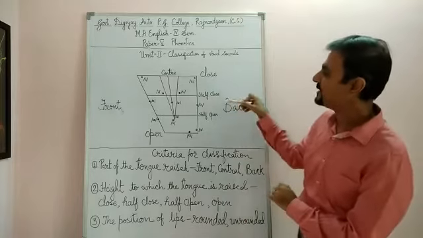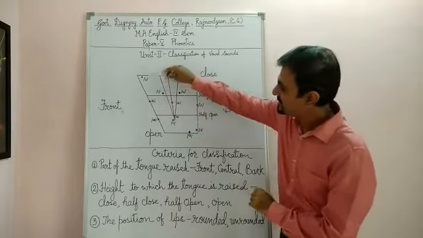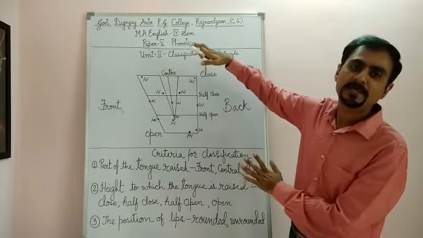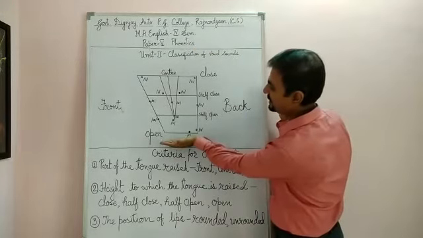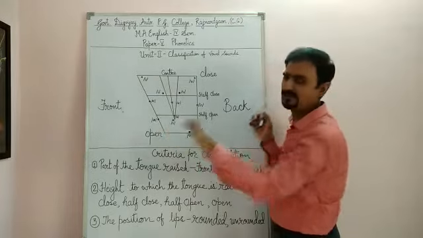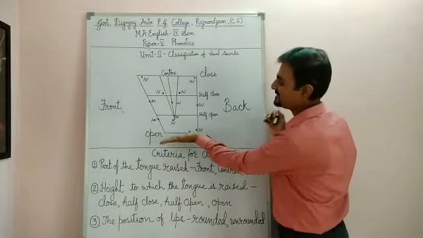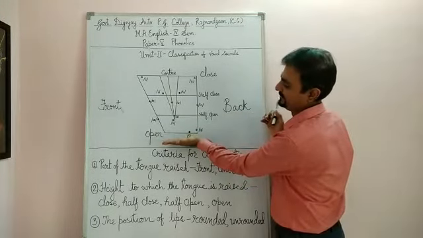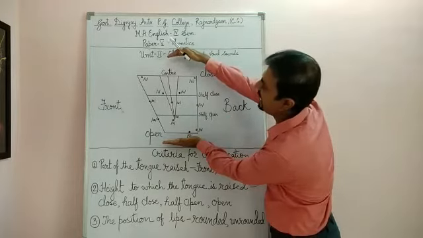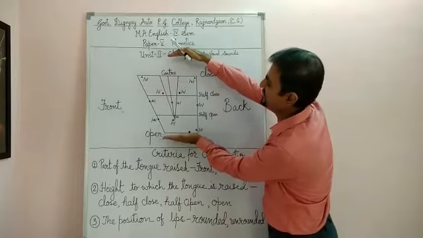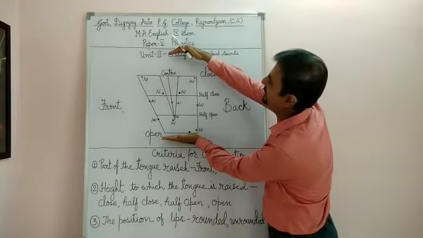It is a quadrilateral. Imagine that this is the area inside our mouth, and imagine my hand as our tongue. This is the hard palate of our mouth. Here is the tongue and this is the hard palate.